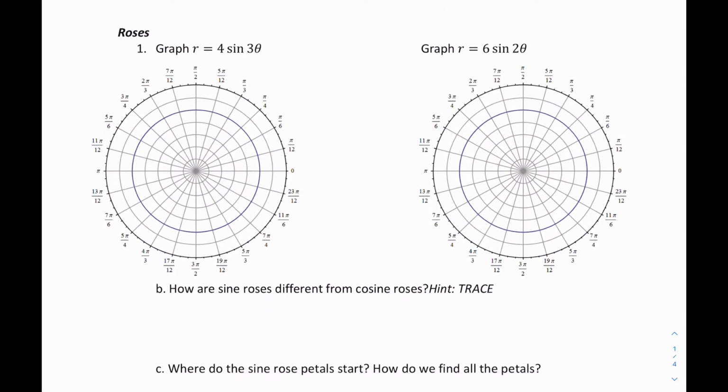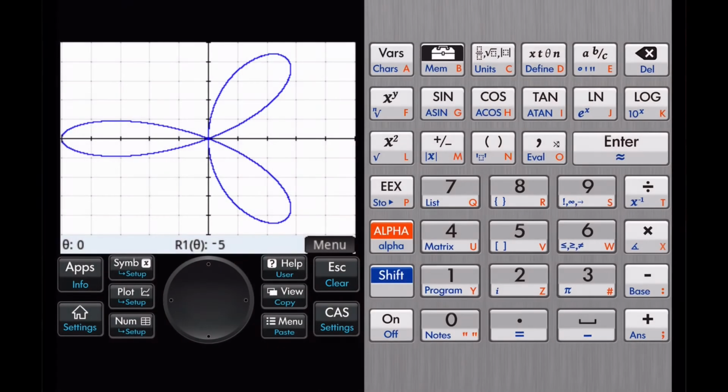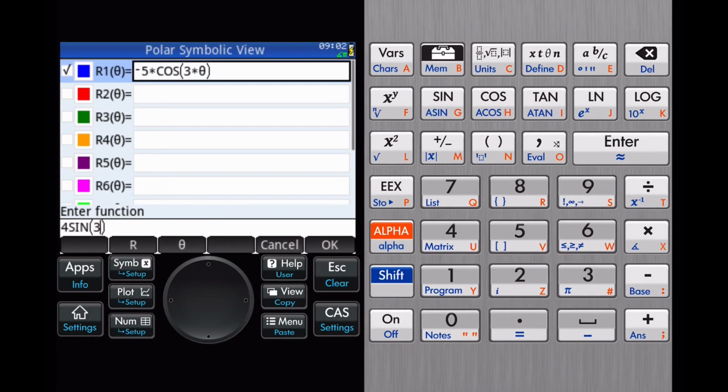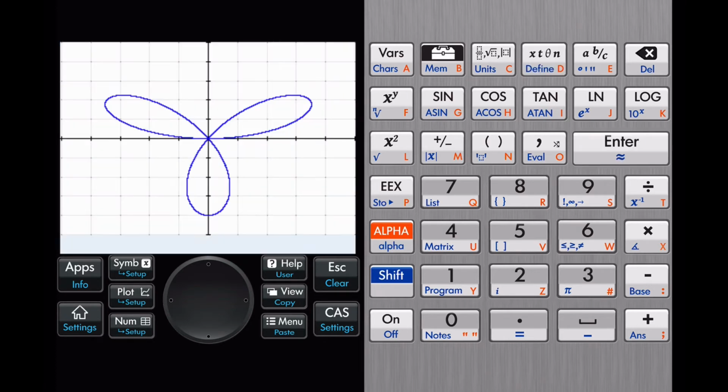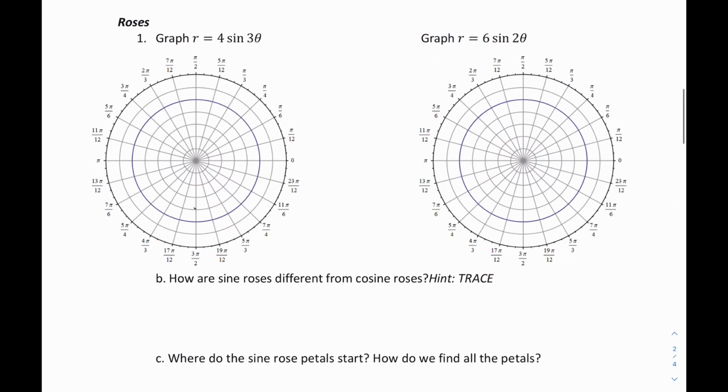Now I'll try the sine roses. 4 sine 3 theta. Okay, so we can see definitely one easy petal on the y-axis. So let's start there. And like we said earlier, 3 petals, that leads to 120 degrees of spacing.